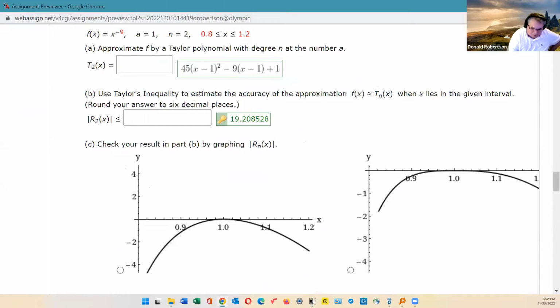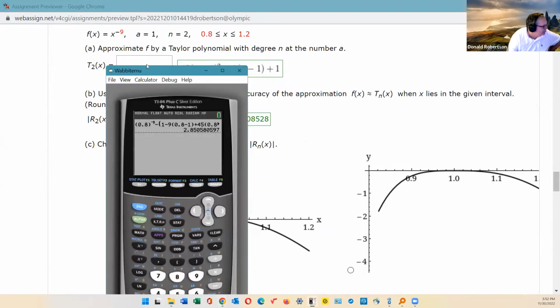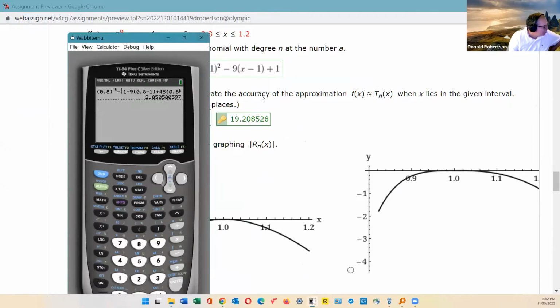Okay. I'm not wrong. It was just a horrible answer. Would you agree 2.85 out is not a good answer? It's not very accurate, but I'll put it in.